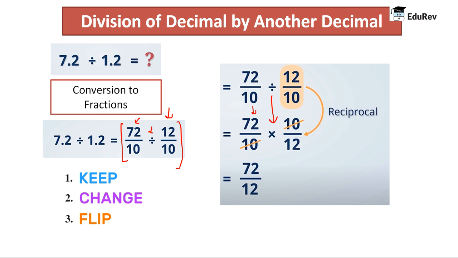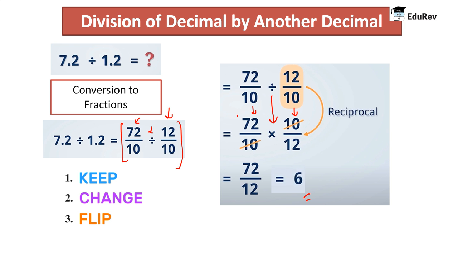Changing the sign into multiplication sign. Flipping this 12 by 10 to 10 by 12. And now cancelling this, 10 divided by 10 is equal to 1. We will get 72 by 12. And now dividing 72 by the number 12, we will get the answer 6. Okay, so the answer to this is 6.